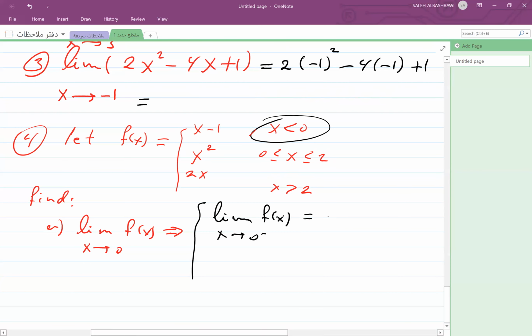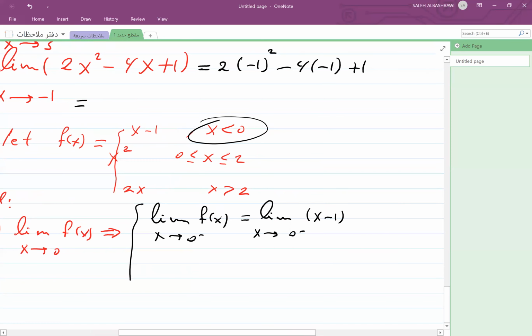So this is equal to the limit of the function x minus 1 as x goes to 0 minus. Now x minus 1 is a polynomial, and to find the limit of a polynomial, we just use direct substitution. Replacing x by 0, 0 minus 1 is equal to minus 1. So the left limit is equal to minus 1.